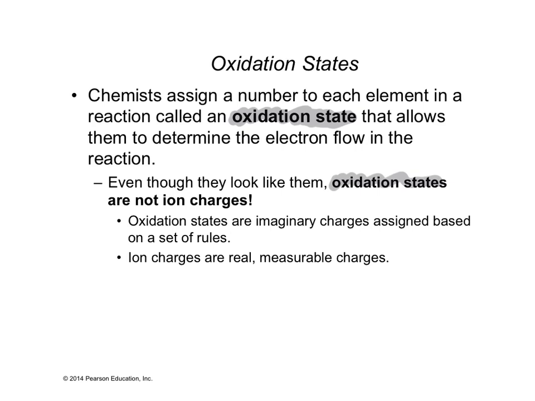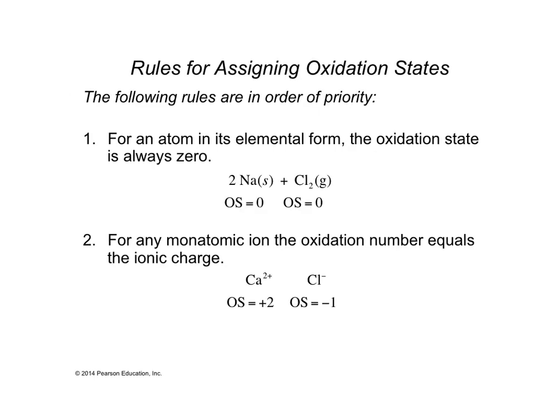I'm going to go through in the next few slides the rules of assigning oxidation states, and then we're going to actually apply it and demonstrate how that allows us to track electrons in a chemical reaction. There are a bunch of different rules for how to assign oxidation states. Some of them are very easy to understand, some of them are a little bit more complex.